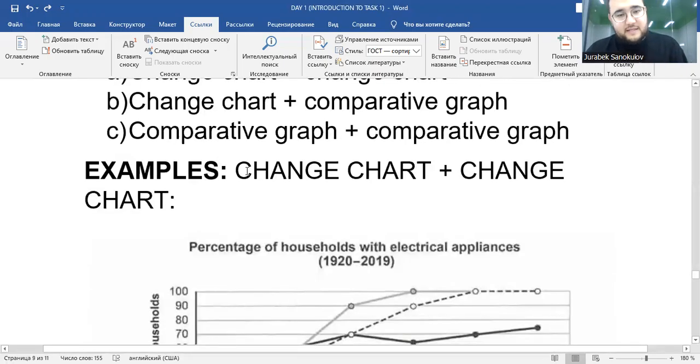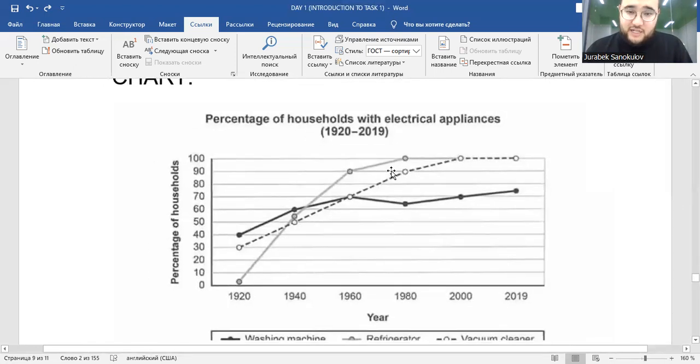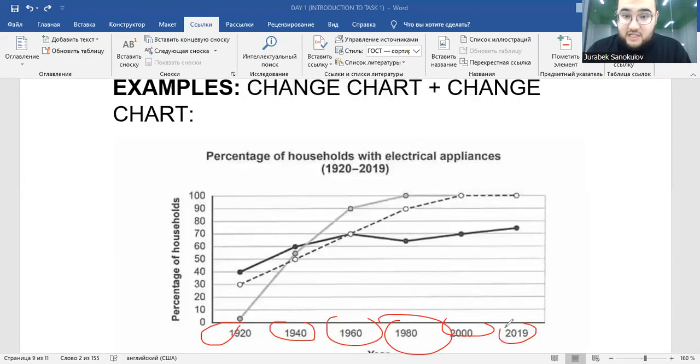The first type is chain chart plus chain chart. So basically, you will be given two chain charts. This one, for example, is a chain chart because you see several different years. It shows the percentage of households with electrical appliances. This is the first chart.